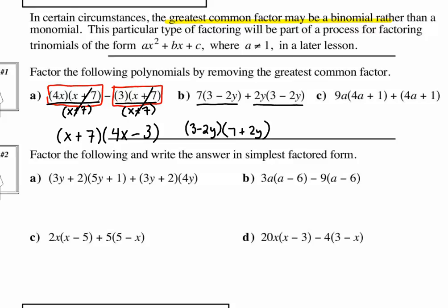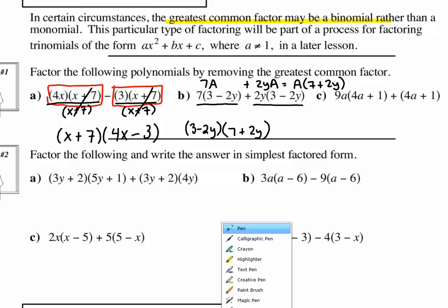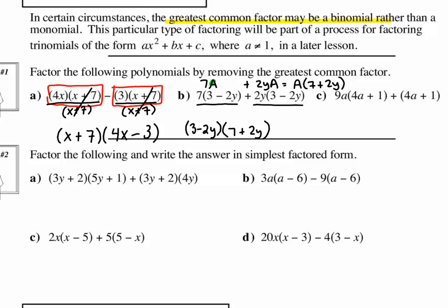If you think of it like this, if I had 7a plus 2ya, what would you factor out? The a. And you'd be left with 7 plus 2y. Well, what is a? A is 3 minus 2y. That is your a value.